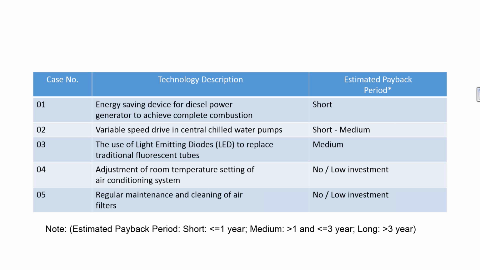Number 3 is use of light emitting diodes, LEDs, to replace traditional fluorescent tubes. Number 4 is adjustment of room temperature setting of air conditioning system. The 5th one is regular maintenance and cleaning of air filters.